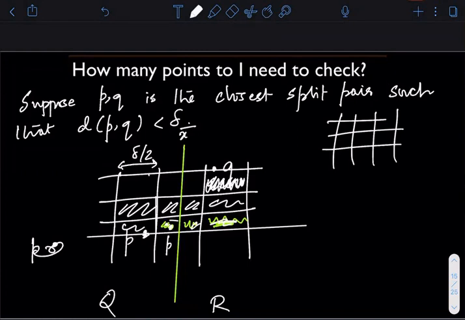So this is important to understand. I am not placing the P to be on the line in the top right corner of this box. Top right corner of which box are you talking about? Let me give some names. Let me call this box, let's say, Z. So are you talking about the box Z?